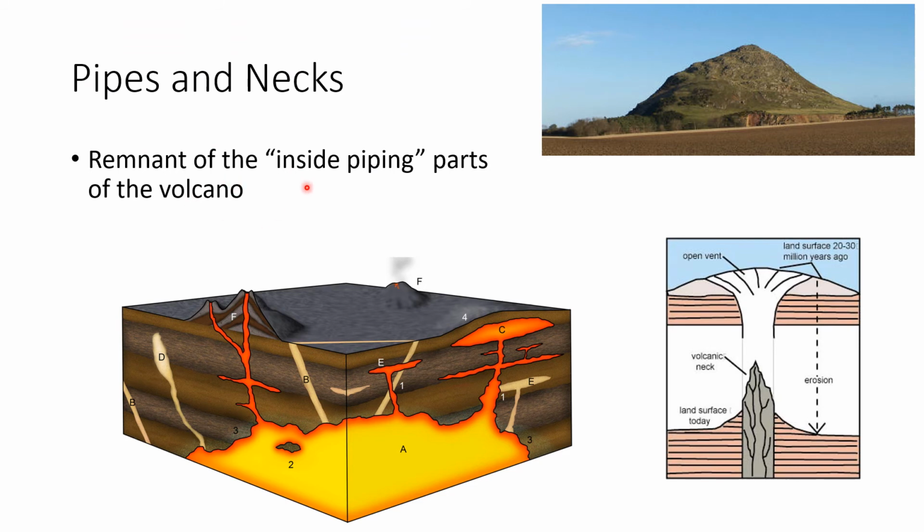So, of course, recall that we're dealing with intrusives here. So everything in this section, we're talking about rock that cooled and solidified underneath the ground, well insulated from the surface. So think about this vent coming up right here to the top of the volcano, where F is labeled on that image.